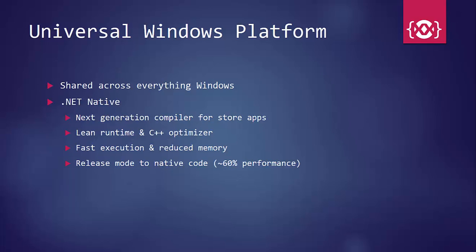It allows us to execute our application much faster with a reduced memory footprint. And even better, you can use your existing app or even a new app, but just by compiling it in release mode, it will have an automatic increase of about 60% in startup performance, which is quite impressive.